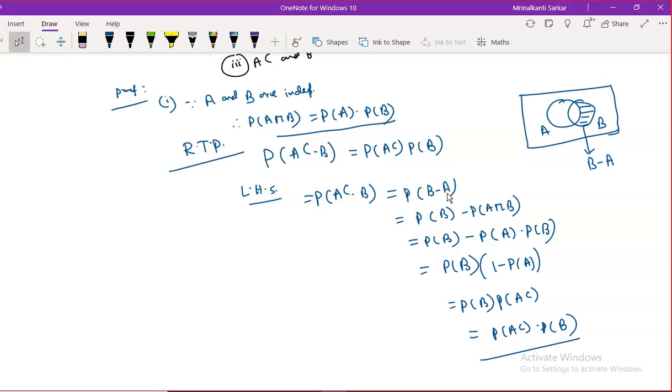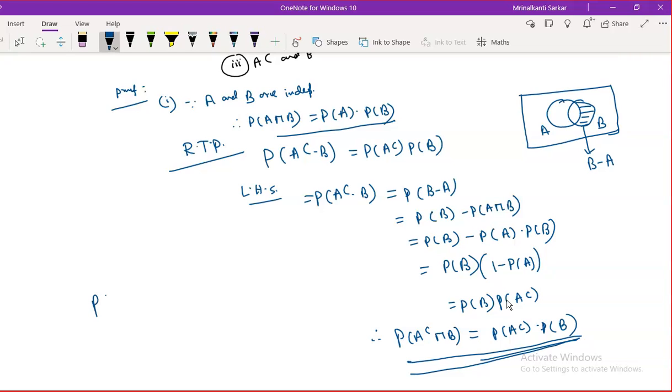So what will be your conclusion now? You got, therefore, P(A complement intersection B) equals P(A complement) into P(B). If P(A intersection B) equals P(A) into P(B), then you can say that two events are independent. Here also you are getting the same thing: P(A complement intersection B) is equal to P(A complement) into P(B).